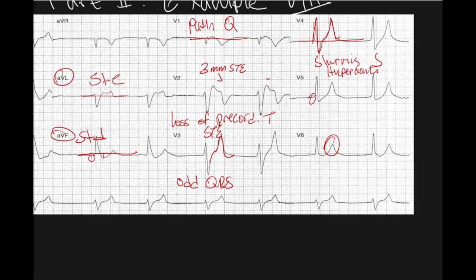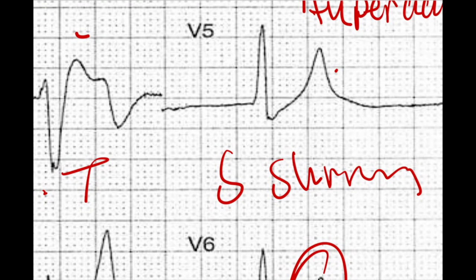V5, we should have a little bit of a Q wave, and we don't. We see a dominant R wave, some S wave slurring. This upwards. So this is ST depression, right? Because if we, so let's zoom in. We have our baseline.